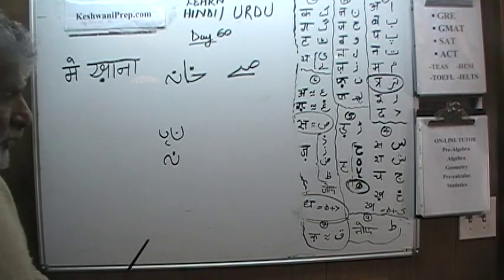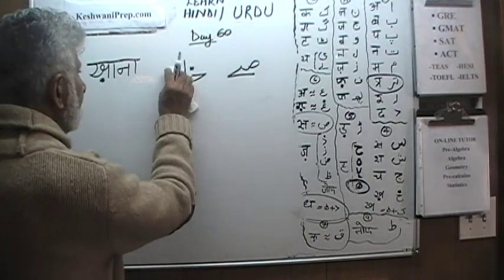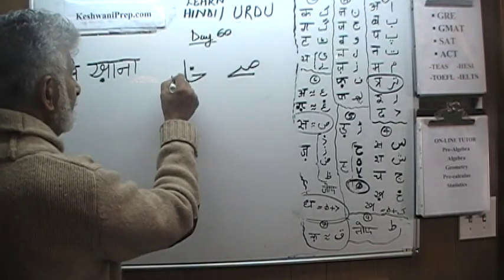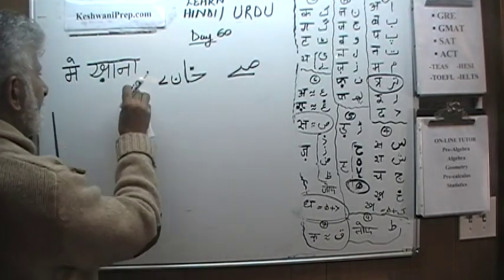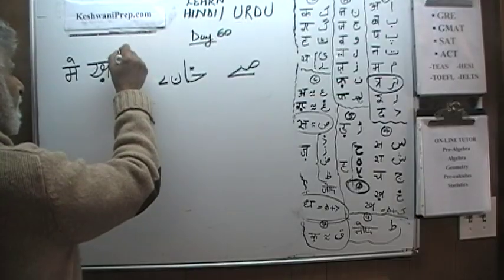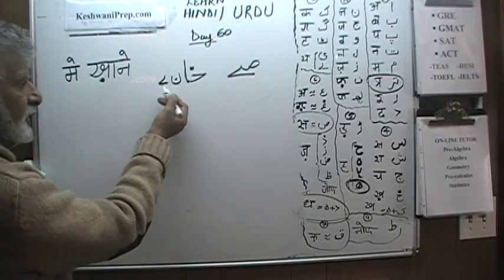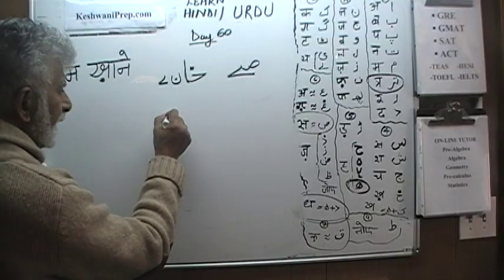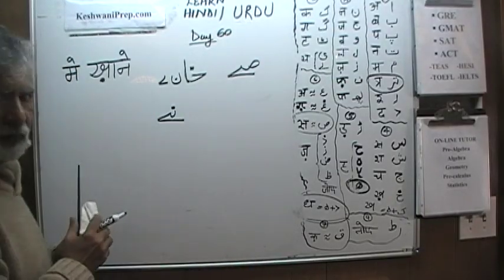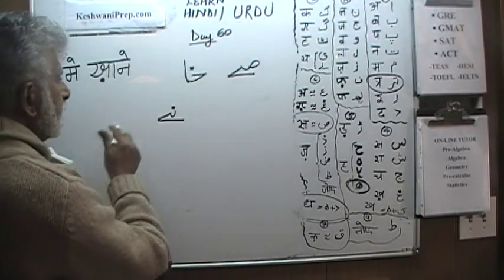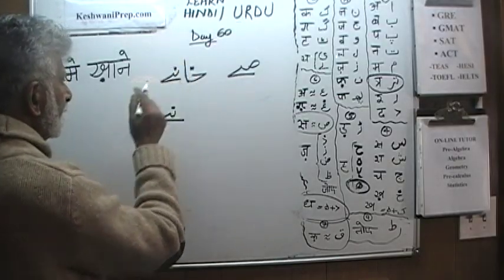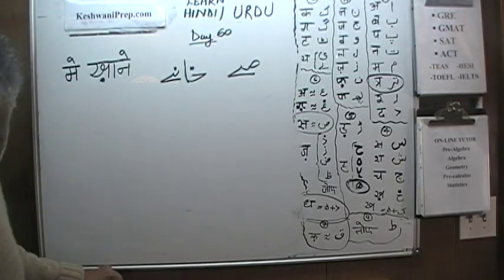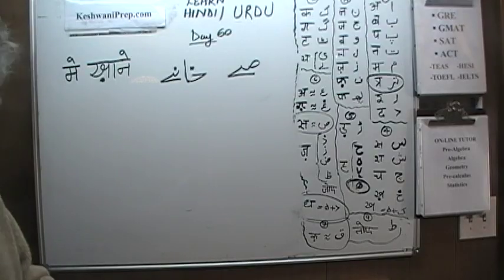Now, if you had more than one, it will simply be mekhane, noon and a badi. Instead of khana, it will be mekhane. And you join them together, so the noon will get up and join the ye. There you go, mekhane. Now we're getting someplace.